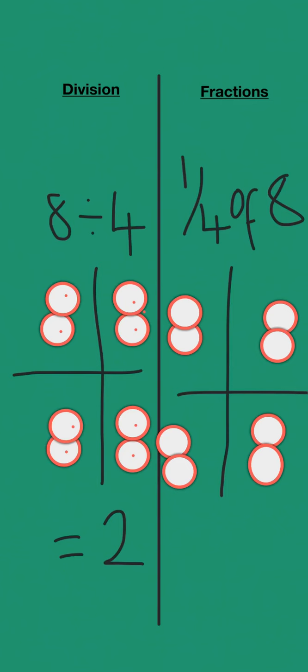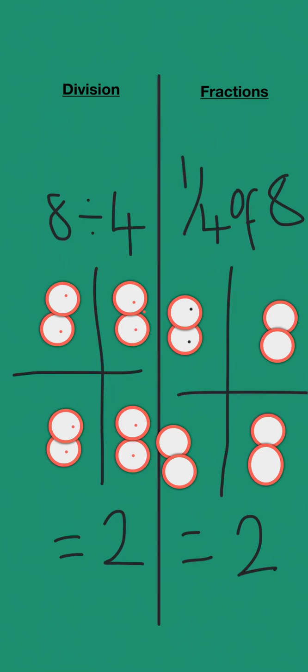I've split my whole, the 8, into 4 equal groups. Here is each of my groups. So you can see I've split it into quarters. There's 1/4, there's the second quarter, there's the third quarter, and there's the fourth quarter. So if I'm finding 1/4, remember my numerator tells us how many of those groups we've got. So I've got 1. So I'm going to count how many I have in 1/4. 1, 2. So my answer is 2.